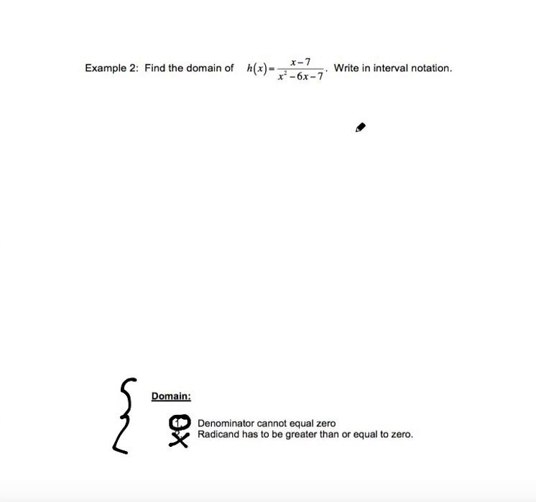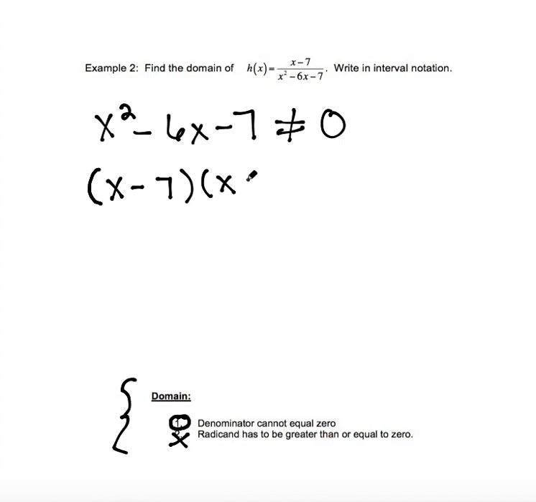So rule 1 says that this denominator, which is x squared minus 6x minus 7, is not allowed to equal 0. Okay? So I have a quadratic over here. When I have a quadratic equal to 0, I want to factor. So when I factor this, I get x minus 7 times x plus 1 cannot equal 0.